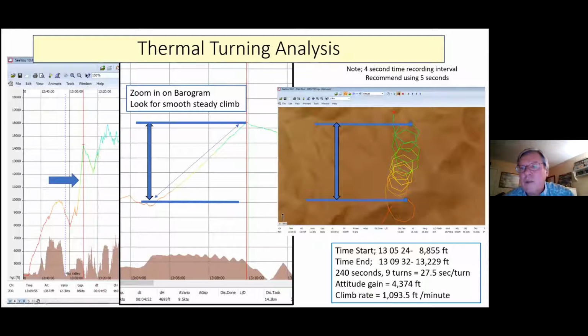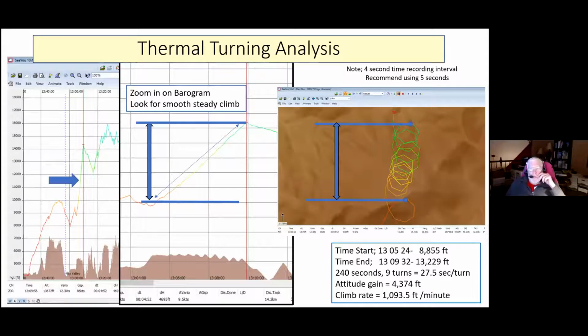If you can look at it pretty quickly and see, okay, I'm doing about 30-second turns. 27.5 is what it turned out to be. Yeah, 24-second turns there. I don't think I turn in 15 seconds. Okay, that was an exaggeration. You're just bragging again.